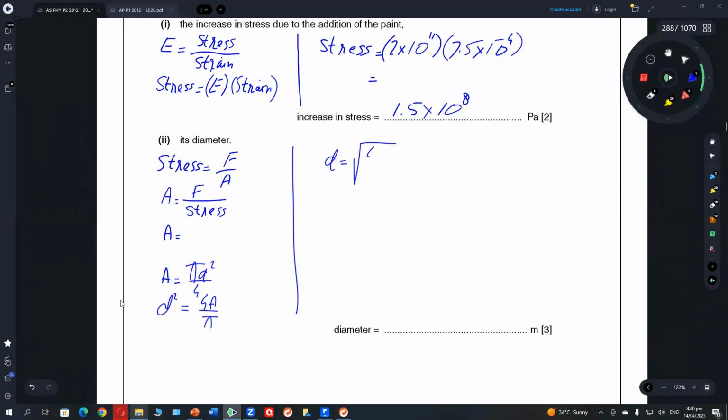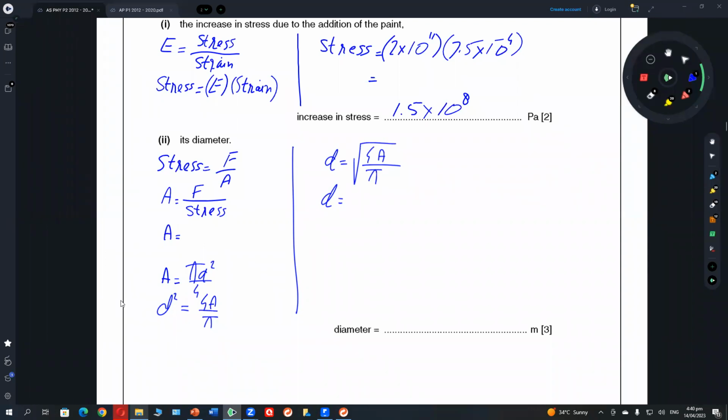Under root we are taking because of the square, and this is the case. Now we are having this D. First you find area and then you find diameter. I'm getting 4 into 10 power minus 4 as the radius. So we'll double this to find the diameter.